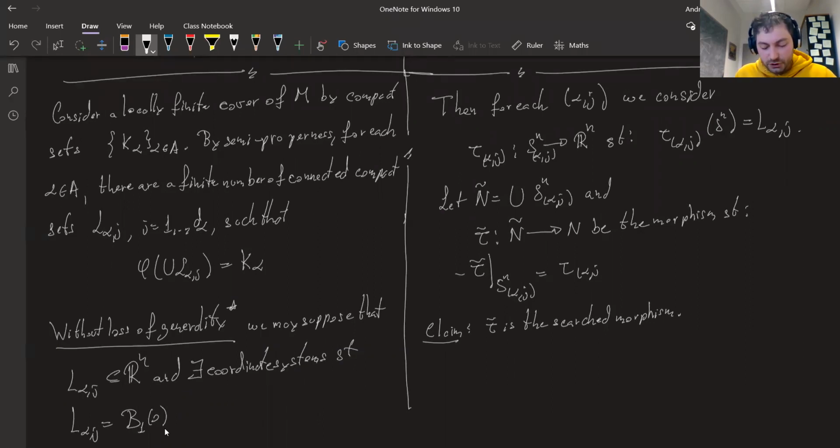So it's convenient to take two locally finite covers by compact sets, one containing the other, and to argue that we can cover the first by balls which are contained in the second. So there is a little topological argument to be done here for this star.